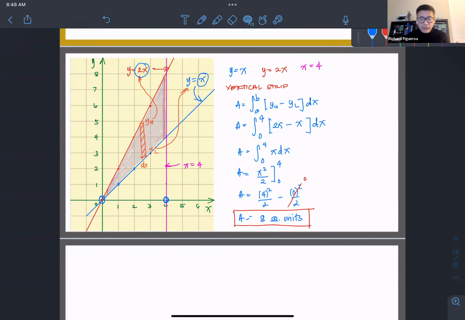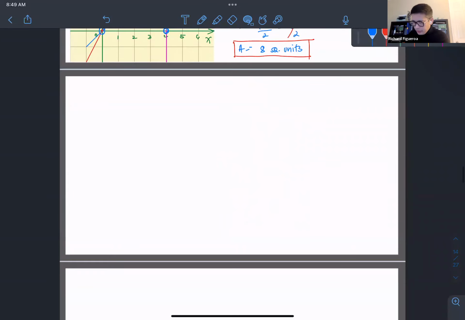So this time, I'm going to answer this one using horizontal strip. Okay, kaya that's why it's very important to grasp the idea of the strip. Kasi pag horizontal strip ito, it's a different story. So what do I mean?